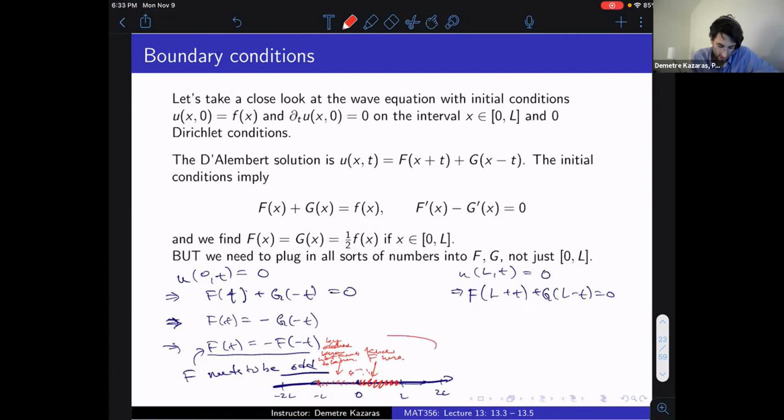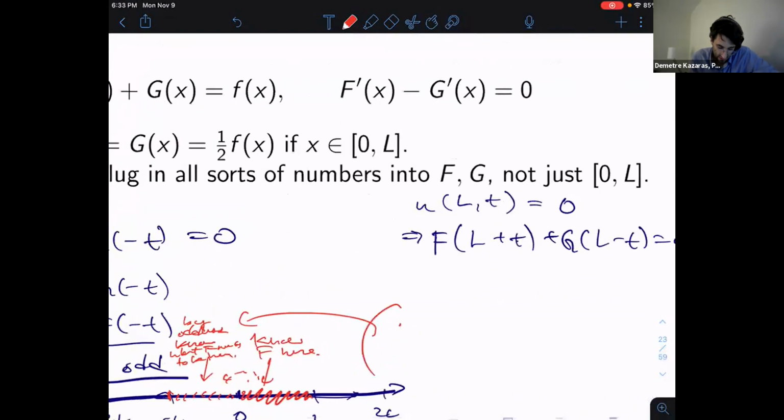So let me just clarify that. In other words, let me use a different letter so as not to confuse x with what it represents. If, say, c is in minus L to 0, then a priori I don't know what it is, but by the oddness, I know that f of c needs to be equal to minus f of minus c.